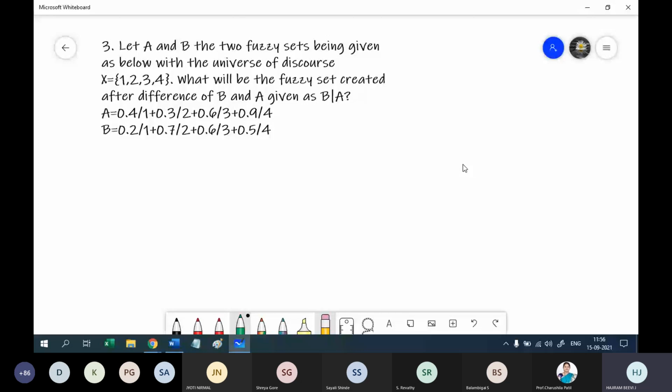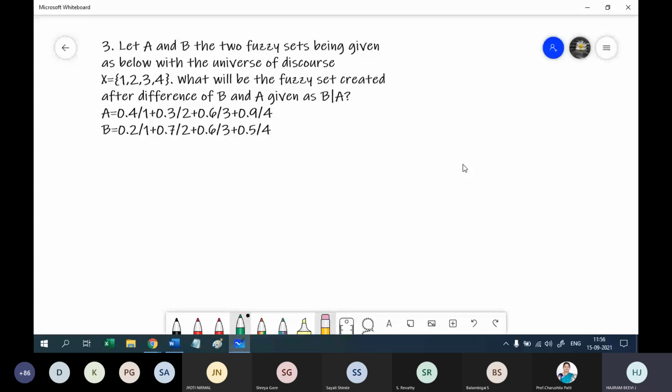What will be the fuzzy set created after difference of B and A given as B bar A? A is equal to 0.4 by 1, 0.3 by 2, 0.6 by 3, 0.9 by 4. Then B is equal to 0.2 by 1, 0.7 by 2, 0.6 by 3, then 0.5 by 4.